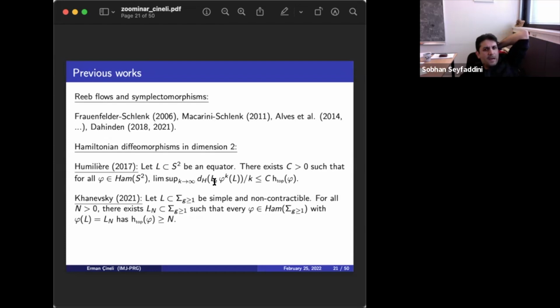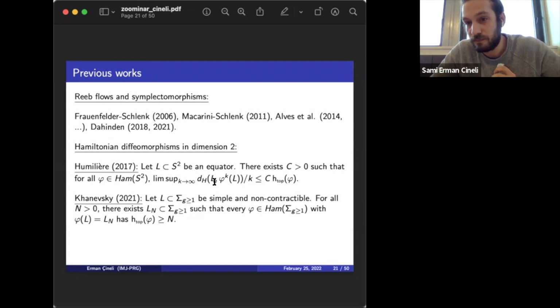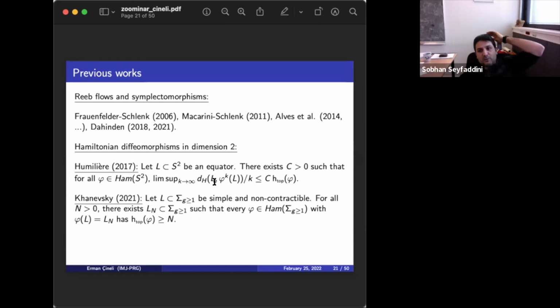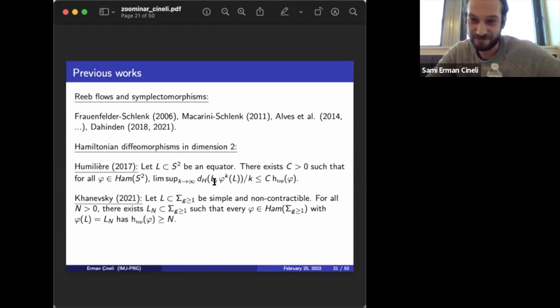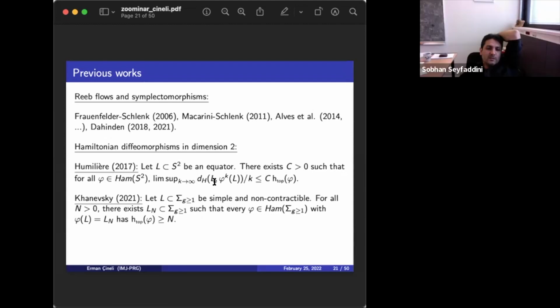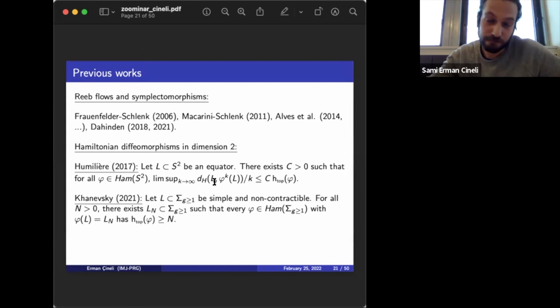There's something called the diameter conjecture in Hofer geometry, which says that the left-hand side is positive. So what it says is that to get the left-hand side to be positive, you need topological entropy. So you need a complicated map.